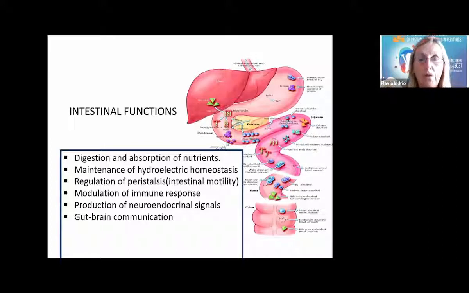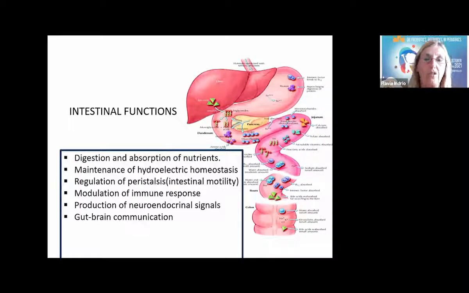All of you know that the intestine is a complex organ, and inside it there are a lot of functions. It's a very complex lecture that Joe and Virgilio gave to me, because it's not easy to speak function per function, since all the functions of the intestine are strictly correlated with each other.